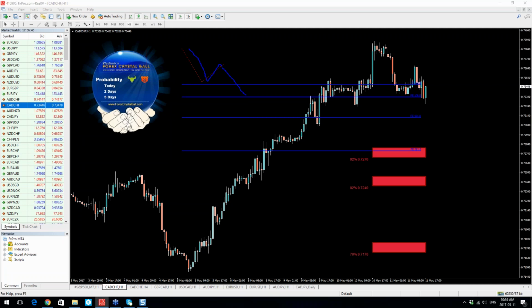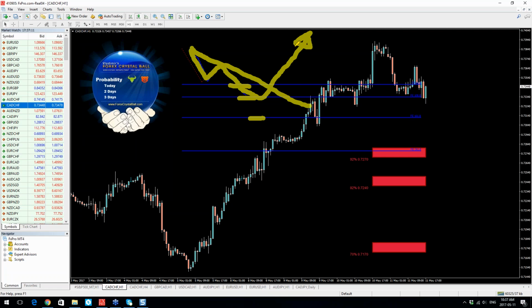There is one condition for the double wave correction which you can trade after that: it has to stop on any of these 3 levels. If it did, it could cross a bit of it, it could even miss a few pips by reaching that, but it has to be there on this zone. If it did, then your breakout is legal and you can go and trade its continuation.